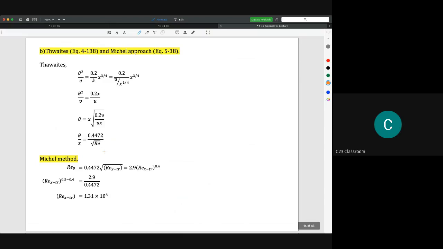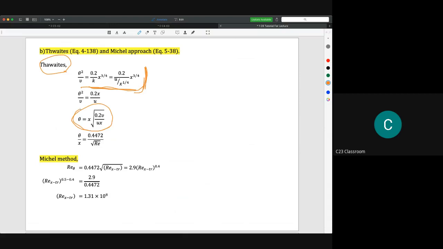So let's say we try to calculate again by using the Thwaites and Michel approach. For example, the equation of Thwaites is here. It is equal to what we calculated previously. So we get this one, and then we could rearrange the equation, and finally we could get this one. So it is okay for you to have this one actually. Okay.